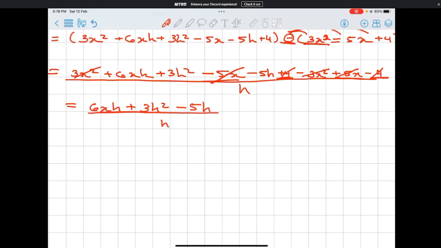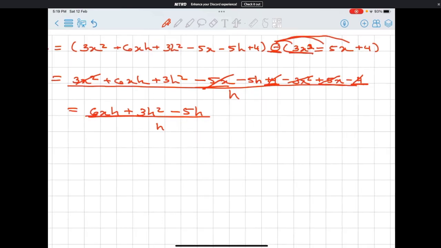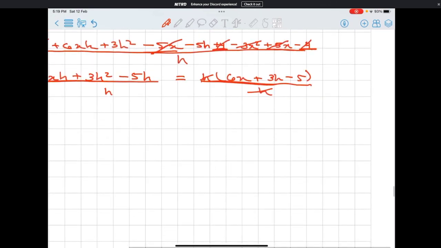Now we know that we don't want h to be 0, so we can factor out h from the numerator. So this becomes 6x plus 3h minus 5. And then you just cross these out, and your final answer is going to be 6x plus 3h minus 5.